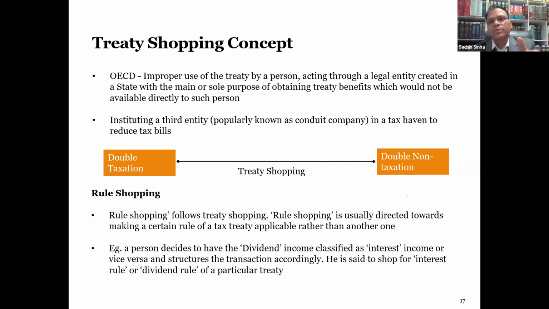The treaty's purpose is to avoid double taxation, but it cannot create a situation of double non-taxation. So this is the concept. In this example we have tried to explain the manner in which it works, but what I have explained is the concept.